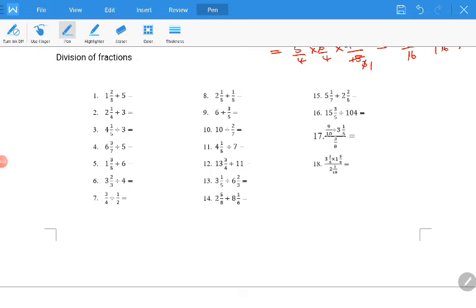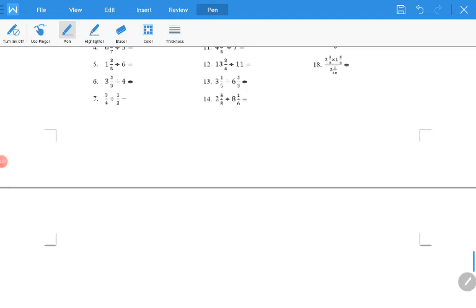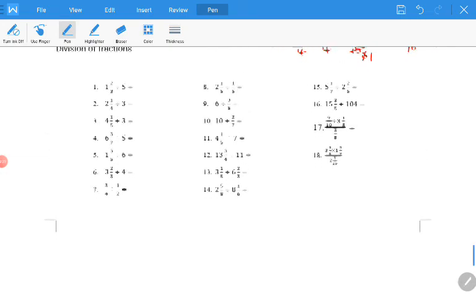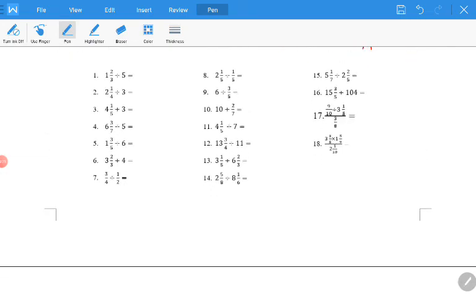Next, we are going to look at division of fractions. Let's look at question 1 in this exercise. Question 1 is saying 1 and 2 over 3 divided by 5.